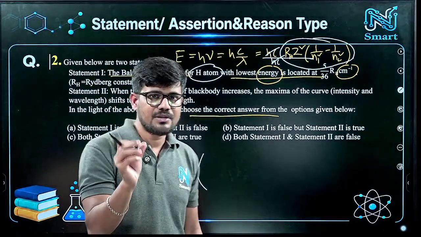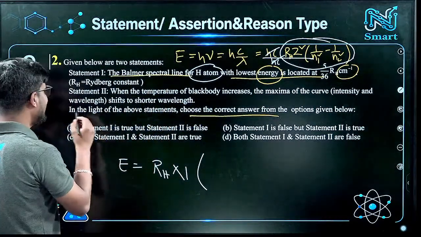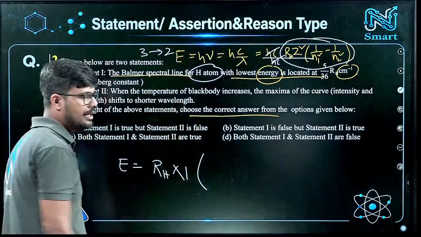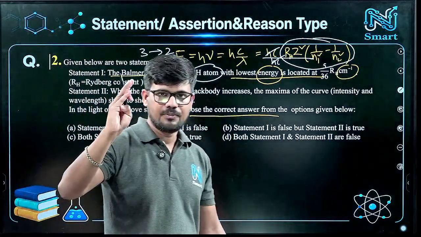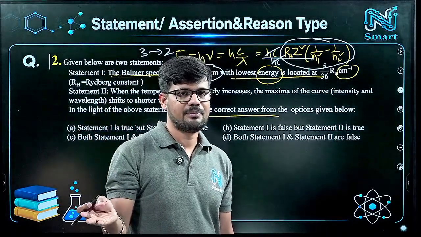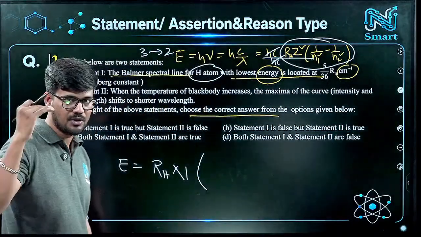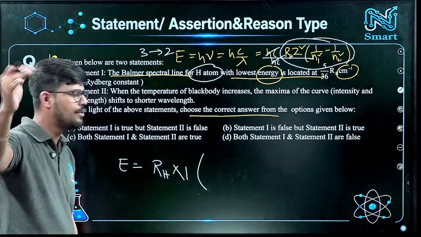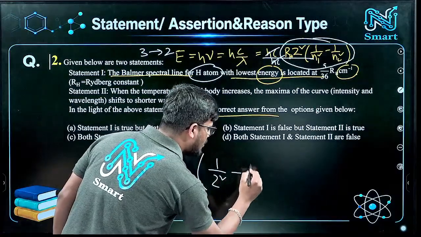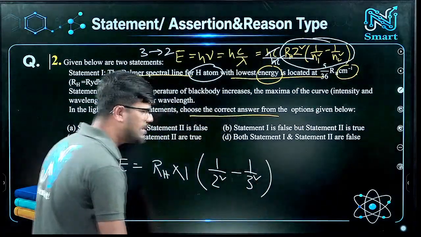That levels, energy levels. For lowest energy, so it basically means 3 to 2, right? Lyman means N1 will be 1, Balmer 2, Lyman, Balmer, then Paschen, Brackett, Pfund, Humphreys. 2, 3, 4, 1, 2, 3, 4, 5, like that. So here 1 by 2 square minus 1 by 3 square.